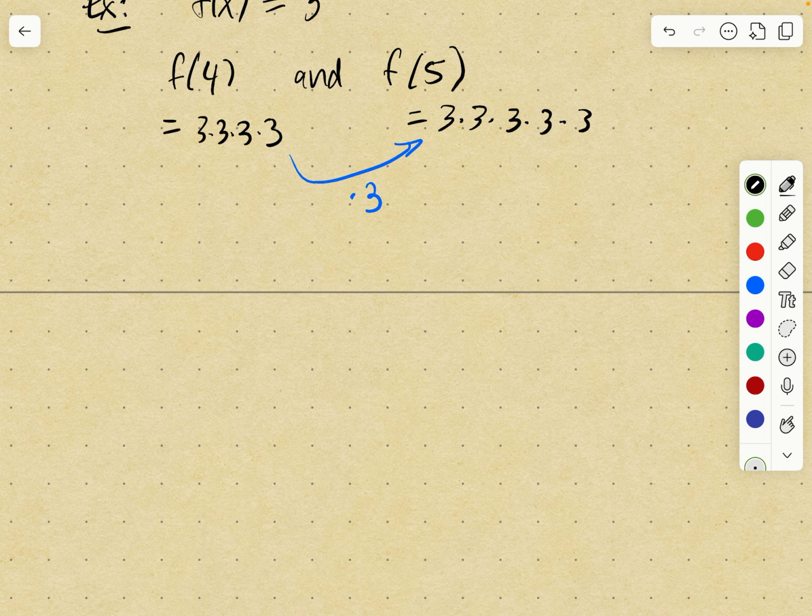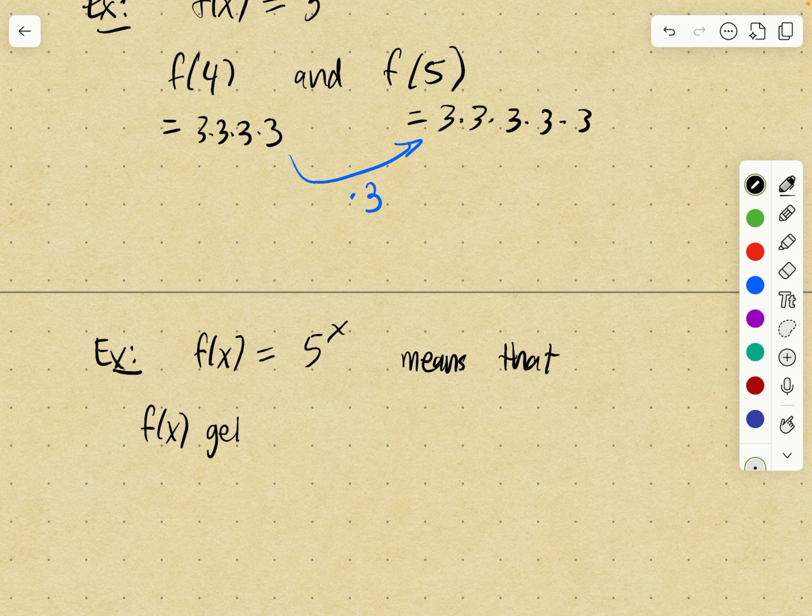Because if you have f of x equals 5 to the x, what this means is that f of x gets multiplied by a factor of 5 when x increases by 1.